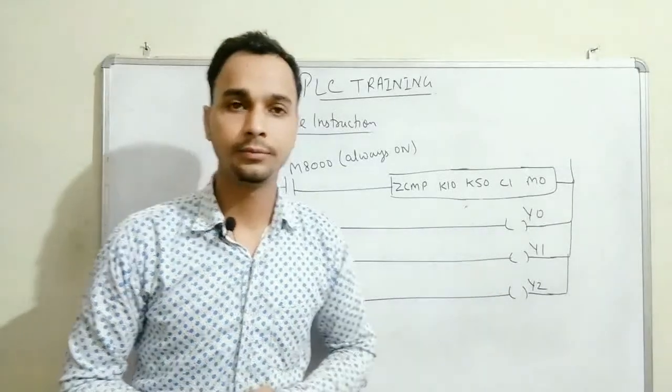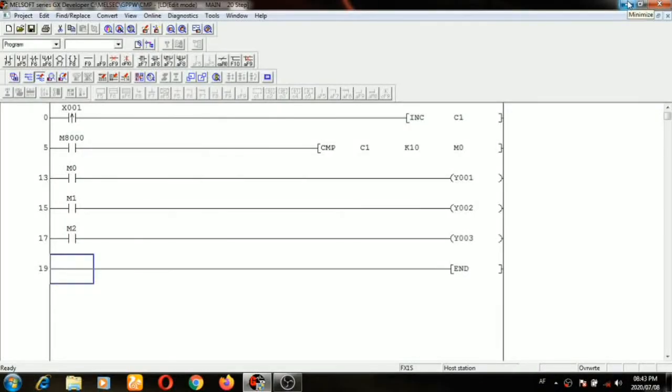So first, this is our program for the compare instruction. You can see I have used an X1 rising pulse and an increasing block for the counter, and this is our M8000, which is enabled all the time. This is our compare instruction, CMP C1 counter value with 10 and M0.